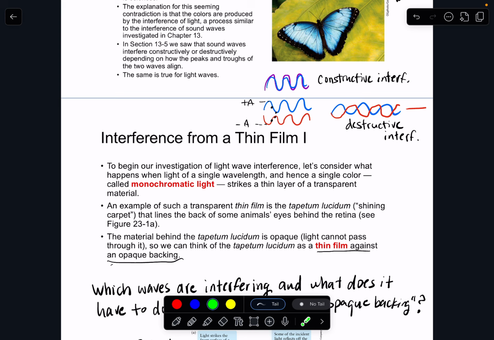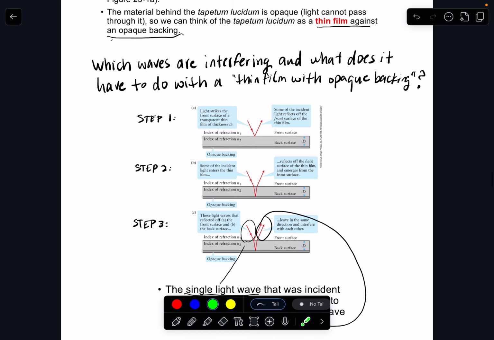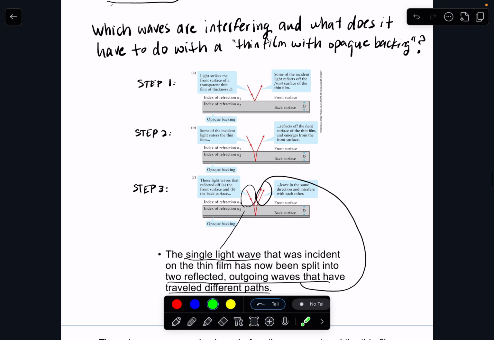The first thin film we're going to look at is a transparent one, okay? And behind the transparent film, you have an opaque film. So thin film 1 is going to be a thin film that is transparent on top of an opaque backing. Okay, so here is a schematic of that situation.